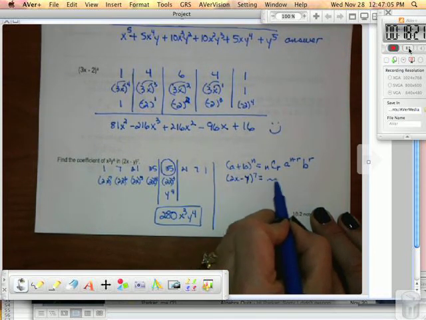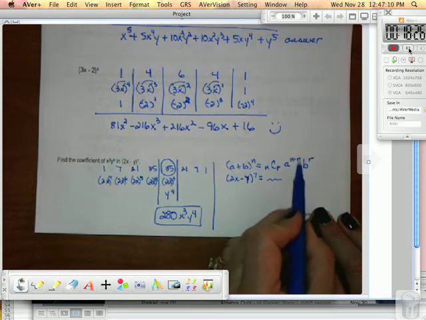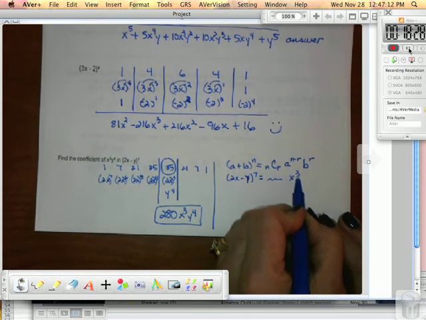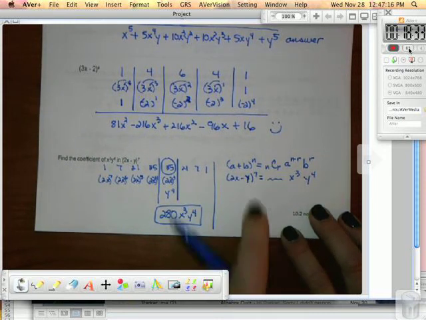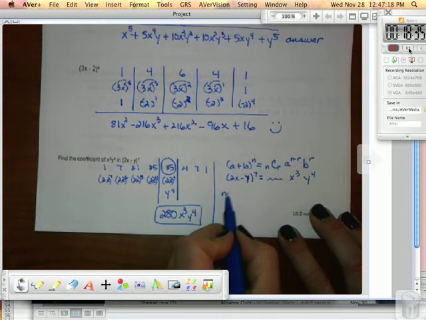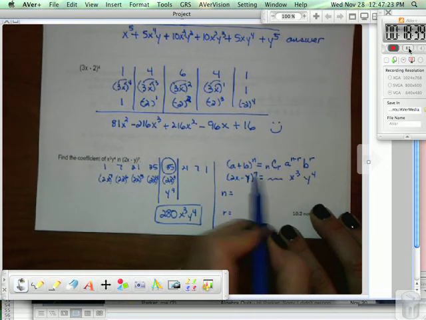I'm going to leave that blank. But I know what I'm looking for is x to the 3 and y to the 4. Now what I need to find out is I need to know n and I need to know r. I know right here that n is 7.